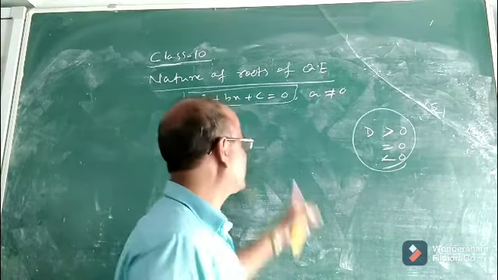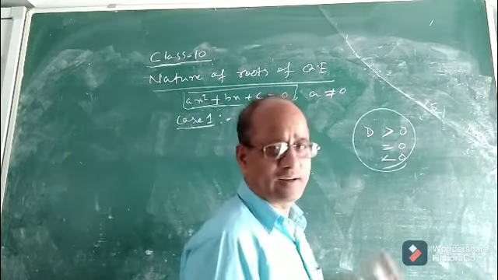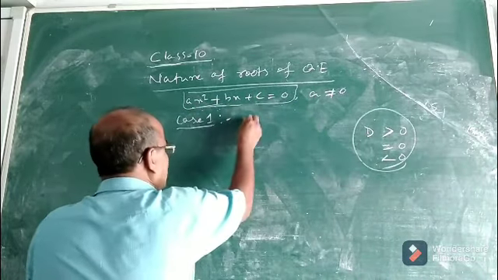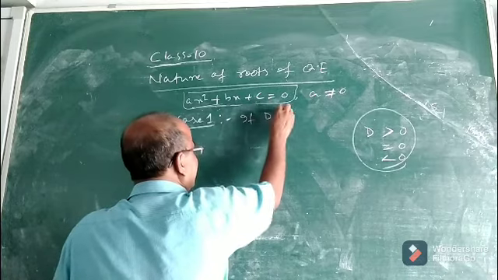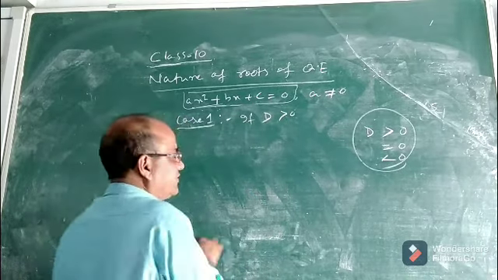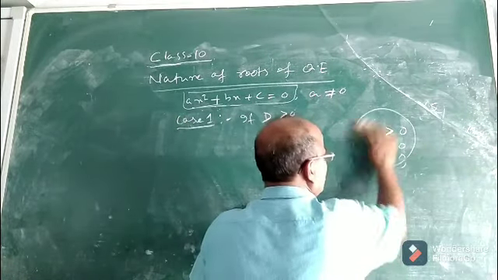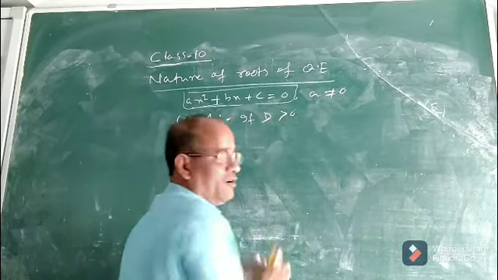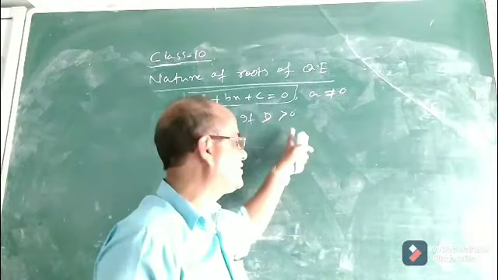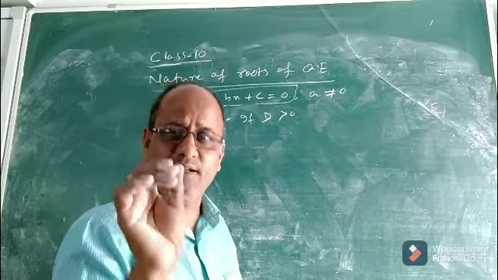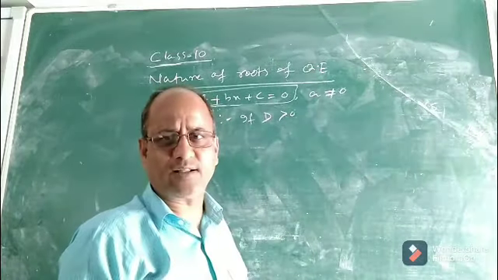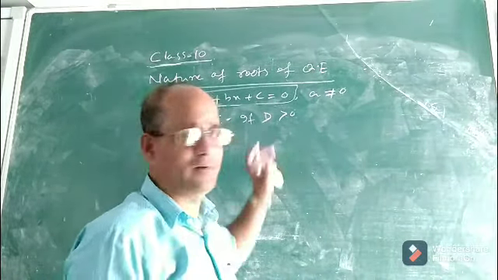Suppose you found that D is greater than 0. Case 1: if D is greater than 0, what will happen? Greater than 0 means it is positive; any number greater than 0 is called positive. Suppose the value of D is positive.